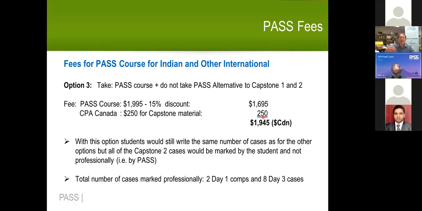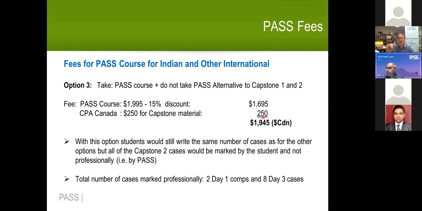But you're not going to have us mark the Capstone 2 cases. You will write them on your own and mark yourself. Some people do this. This is more realistic than option 2. Most people want option 1 because they want us to be marking the cases and get them professionally marked, but you could do this.